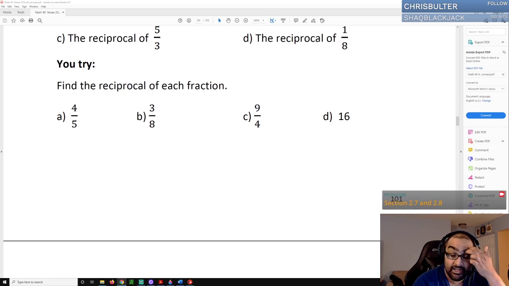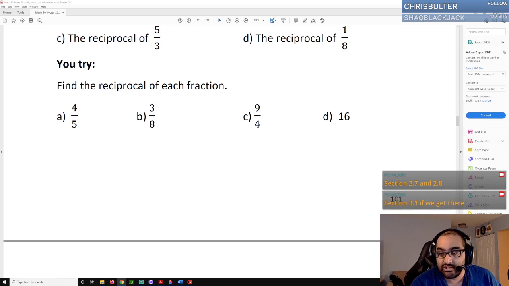And then if we get far enough, we'll do section 3.1. You guys usually ask me what sections we're covering today. These are the sections that we'll cover, specifically. That way you guys are in the loop.